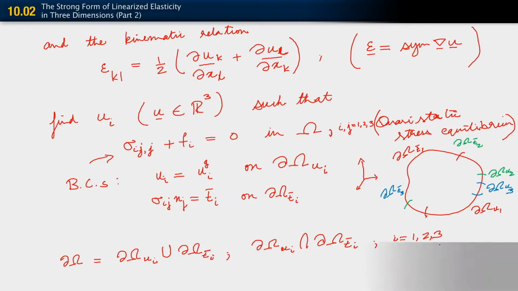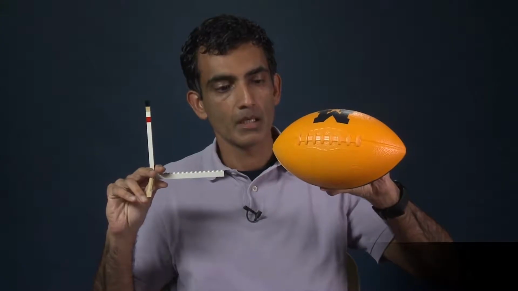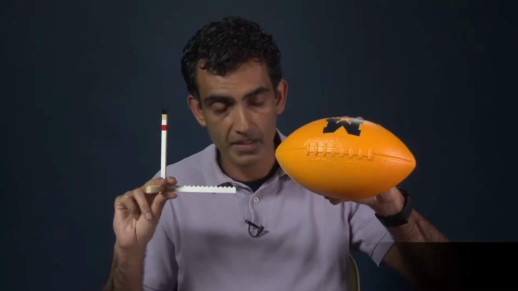Here's what this means. In three dimensions, this is our continuum football now, right? When it comes to boundary conditions, what we're saying is that for each component of space, for each direction as defined by our basis vectors, we have a Dirichlet condition for the corresponding component.